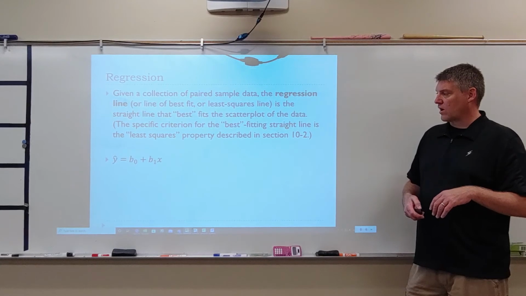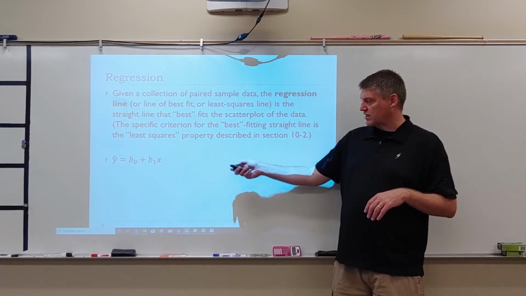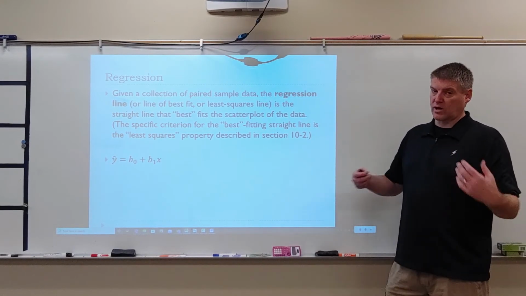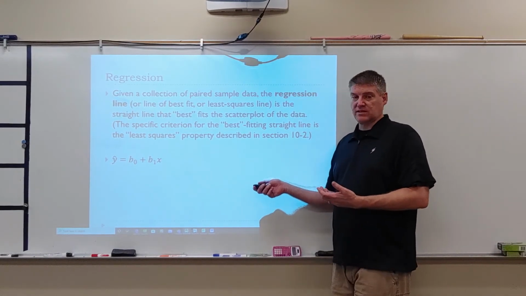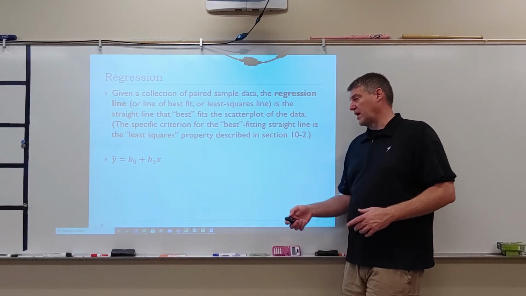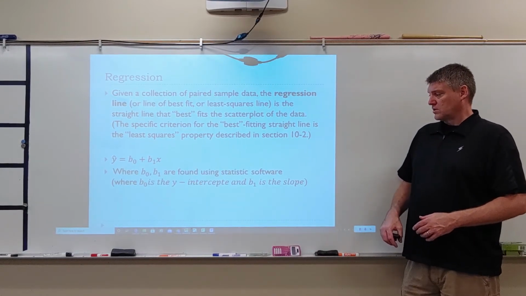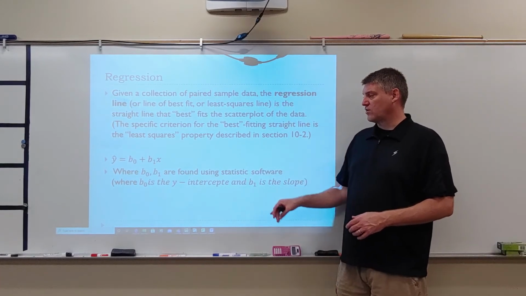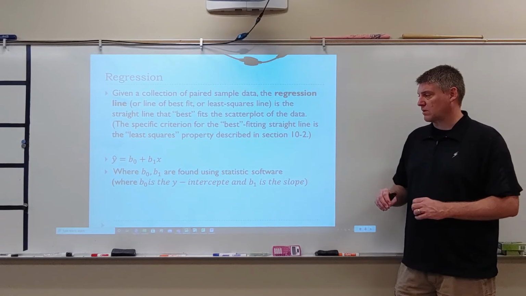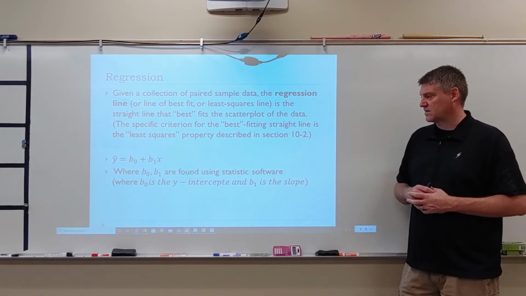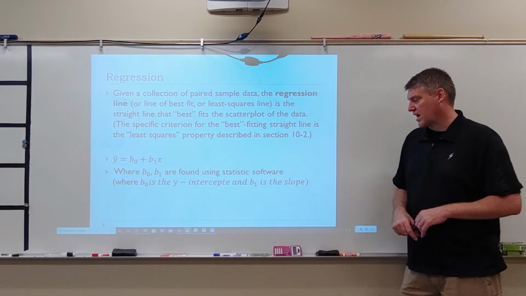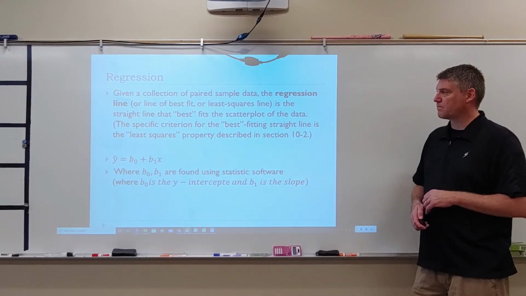Okay, this is the equation for a regression line. A lot of you are going to look at that and go, well, I know that. That's very similar to y equals mx plus b. That's true, it is. But we want to use this idea because we want to find b sub 0 and b sub 1 using some kind of statistical software. b sub 0 is the y-intercept and b sub 1 is the slope.